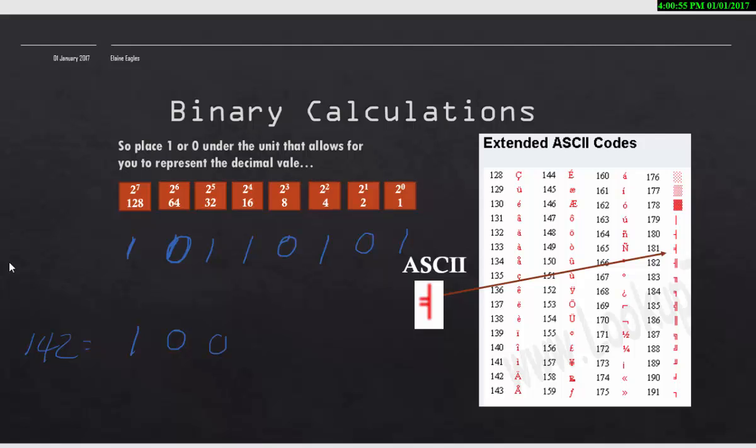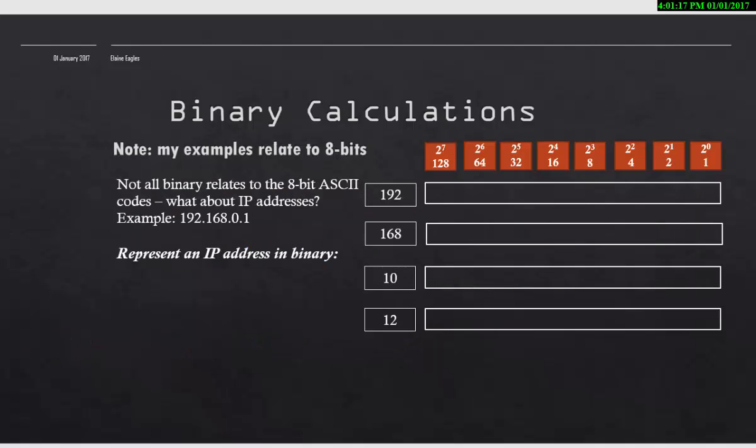So that's no use to us, that's no use to us. We'll need an 8, and then we need something to make it up to 14, which are those. So 8 plus 4 plus 2 is 14. So 128, 136, 140, 142. Again, that's what the computer has to do very, very quickly.